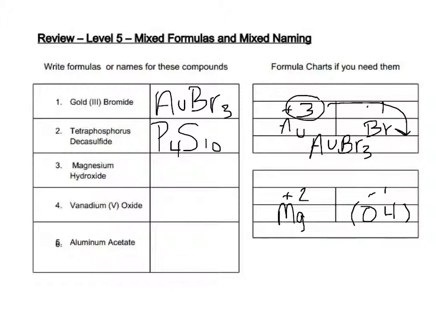That reminds you of where the parentheses go. You do see that you want to keep them because the 2 is going to get crossed over. So my formula would be Mg, parentheses around the OH, and a subscript of 2.